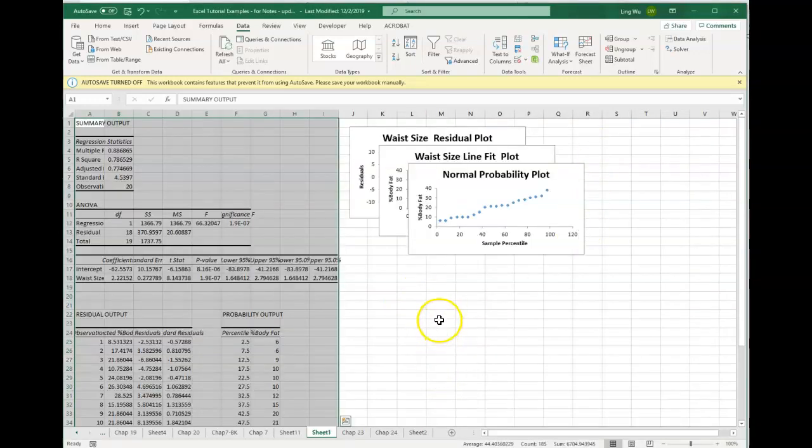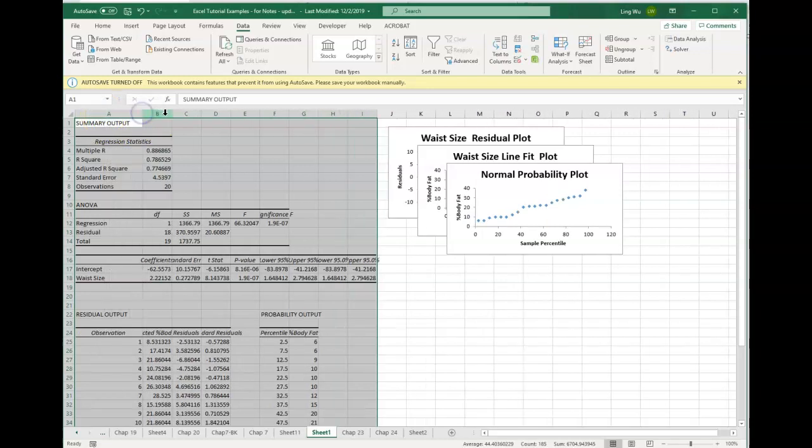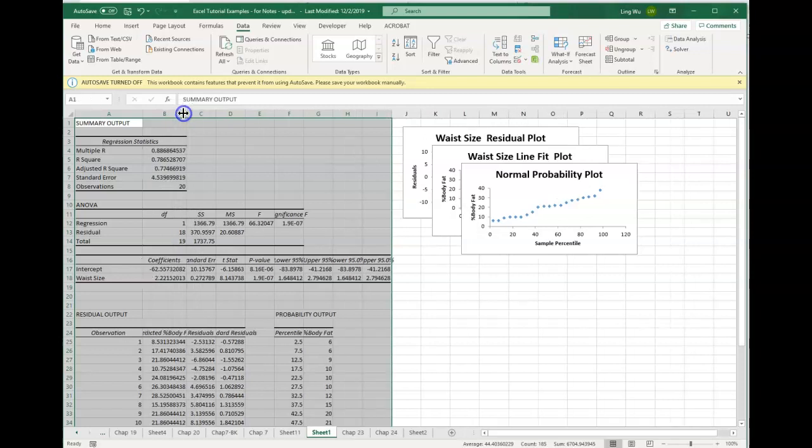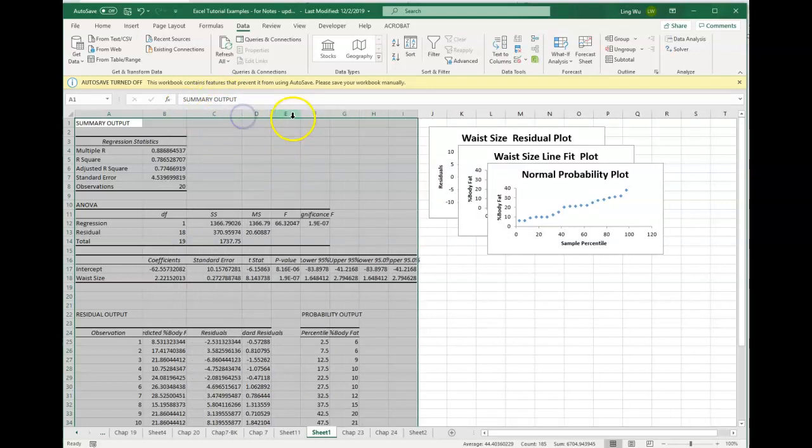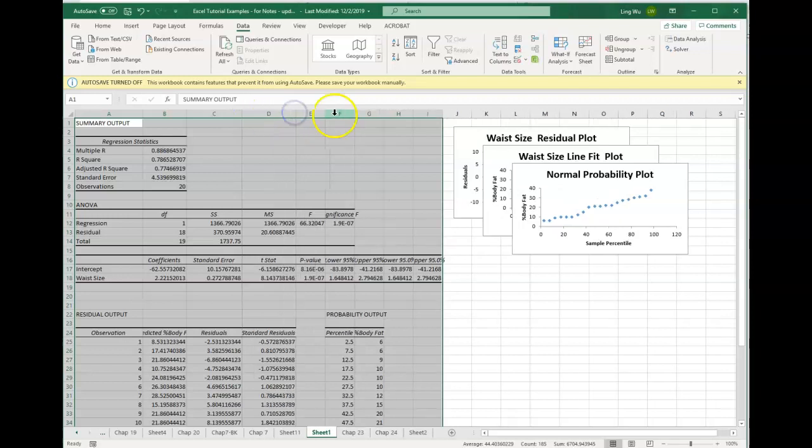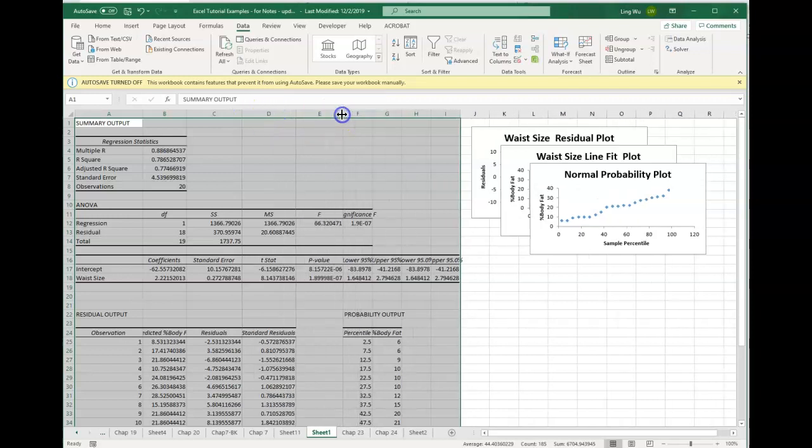So this is the new output, the values from that regression analysis. Just give some bigger space for each column, and continue with this one. We will talk about each individual column's meaning.